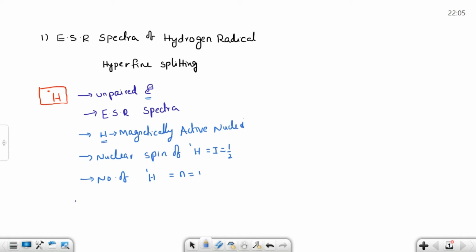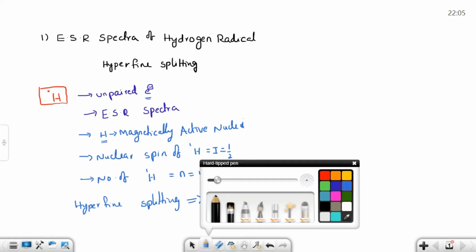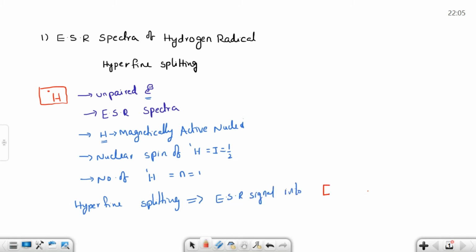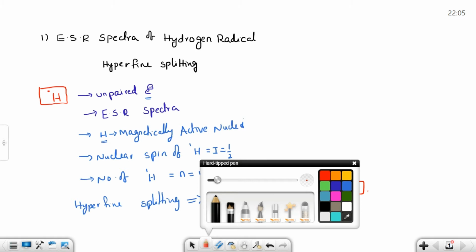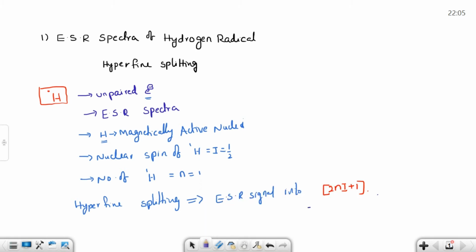So now, hyperfine splitting is going to cause the ESR signal to split into 2nI plus 1 lines, where n is the number of magnetically active nuclei and I is the nuclear spin.